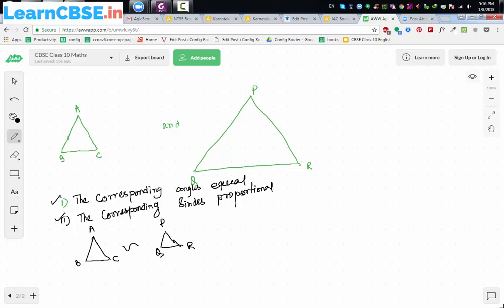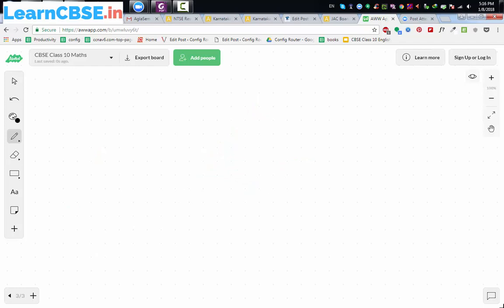Now, the first thing we have in similarity is called the Thales theorem or basic proportionality theorem, or BPT theorem. So we are going to start with the Thales theorem. What is called the Thales theorem, also known as the BPT theorem?